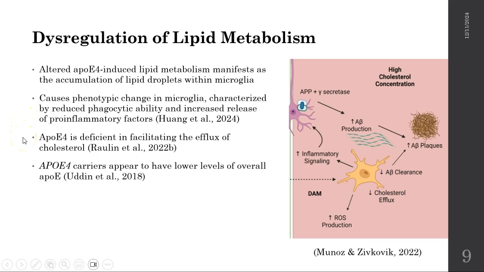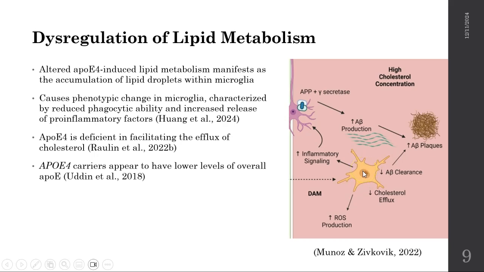This accumulation appears to be related to APOE4's deficiency in facilitating the efflux of cholesterol, which is potentially linked to APOE4 carriers having lower levels of overall APOE. So essentially, because there's less APOE in the brain, it is less efficient at removing cholesterol, causing an accumulation and then subsequent deposition into microglia.